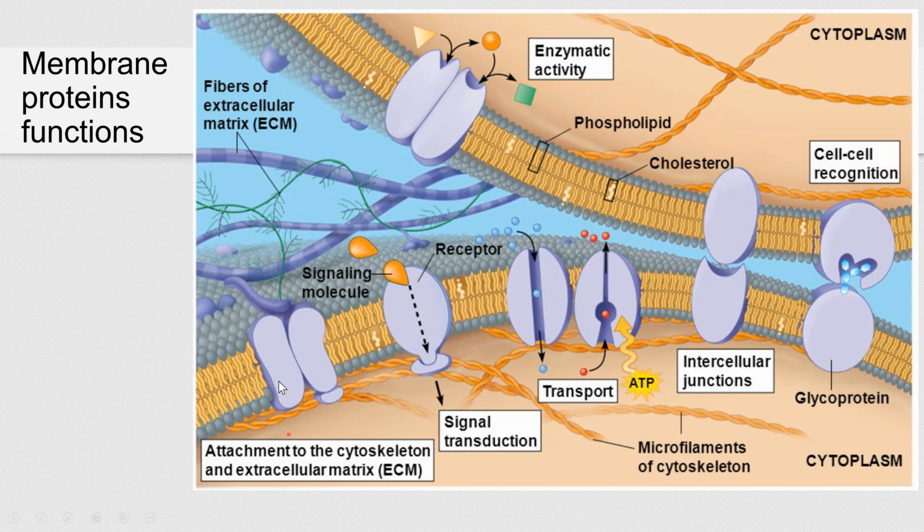Now, one of the functions shown over here is attachment to the cytoskeleton and extracellular matrix. So what you see here, you see two cells. Now what's shown in yellow color, this is cytoplasm, so we're inside the cell. And whatever is shown in blue color is our extracellular matrix. Now, extracellular matrix includes fluids, so water and electrolytes, but it also has extracellular proteins. Whatever says fibers or extracellular matrix, those are structural proteins.